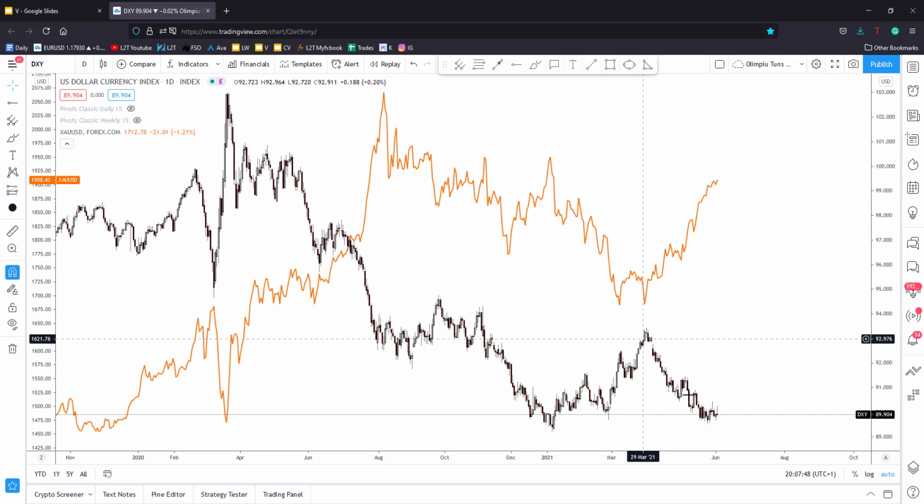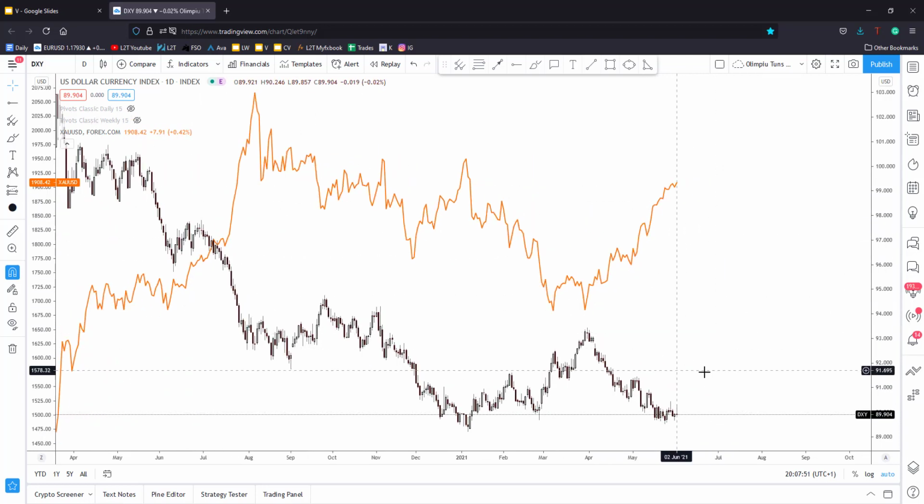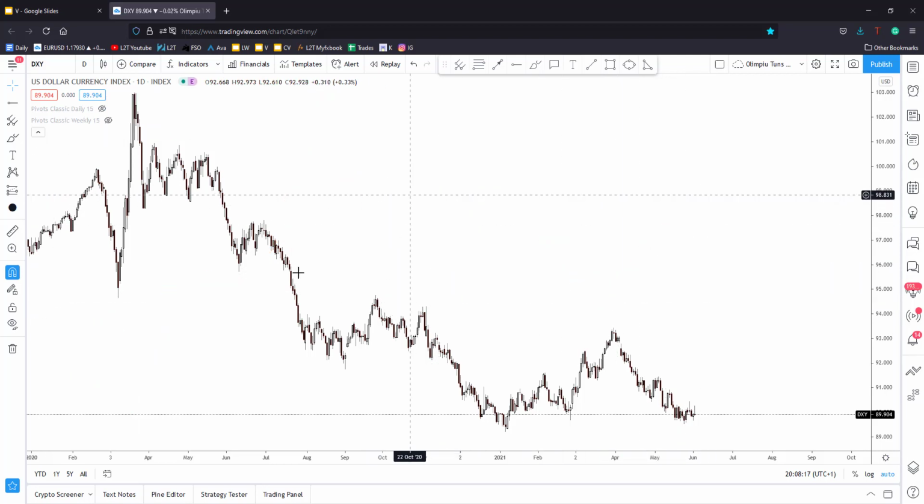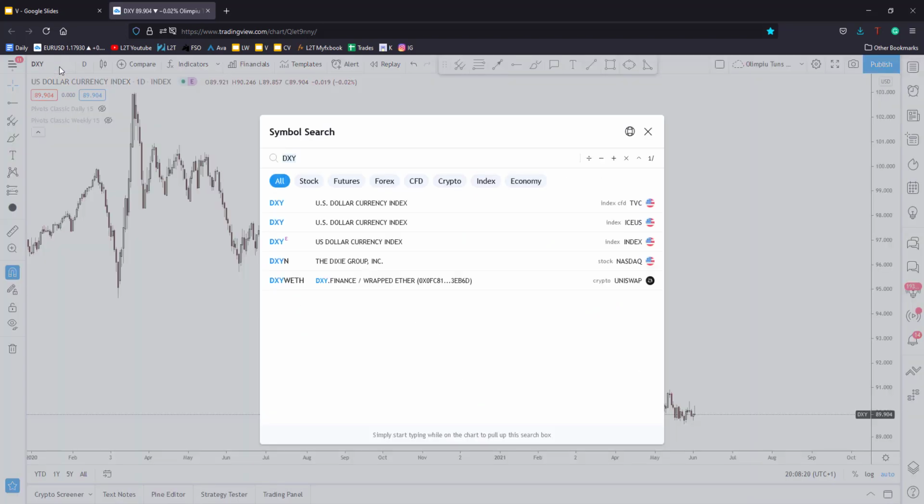Right now, live here in our daily chart, we had an important drop registered by the DXY since March 31, and the price of gold has increased in the same period. You can use this correlation, this negative correlation, in trading as well.